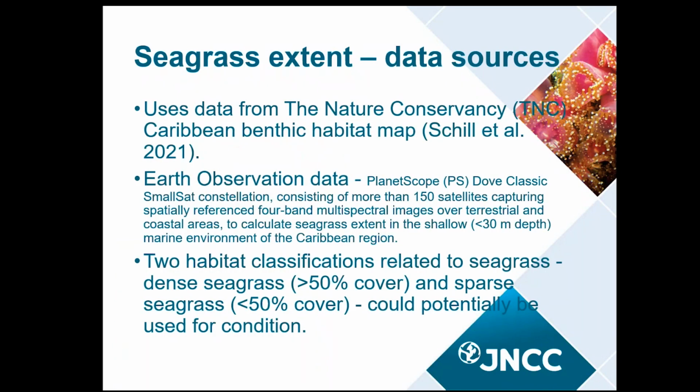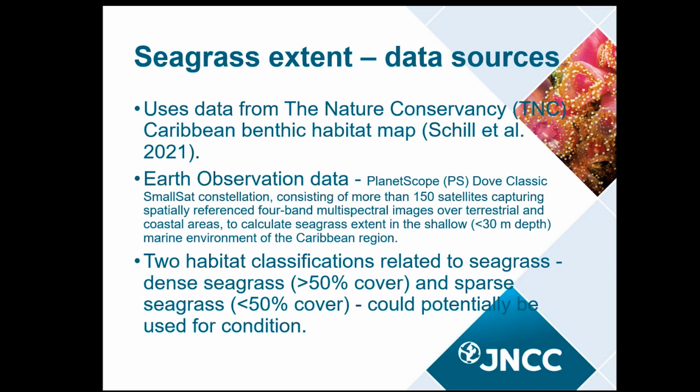So now moving on to the indicator development and the testing that we've done for seagrass extent. This slide here looks at the data sources. We used data from the Nature Conservancy Caribbean Habitat Map, and this map uses Earth observation data and classifies seagrass into two classifications: dense seagrass and sparse seagrass.